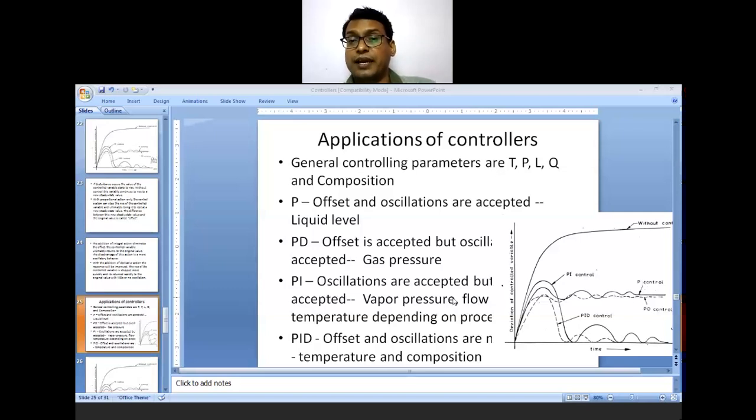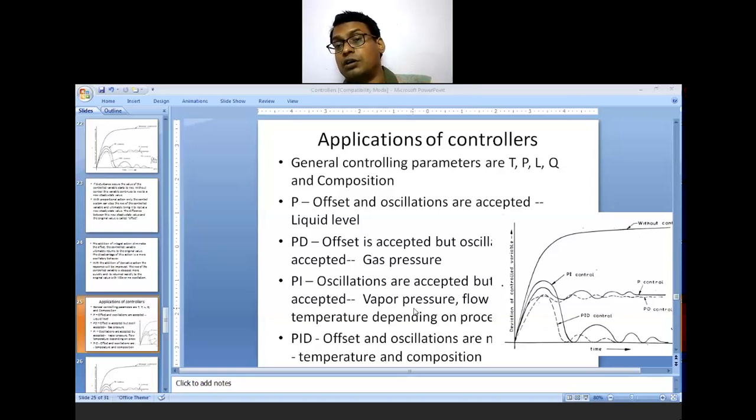Then the proportional integral controller. What is there in the integral controller? Oscillations are accepted, but no offset is accepted. Means deviation variable is not accepted. If I need a desired flow, then I must get exactly that desired flow. If I need a certain vapor pressure, then I must get exactly that vapor pressure.